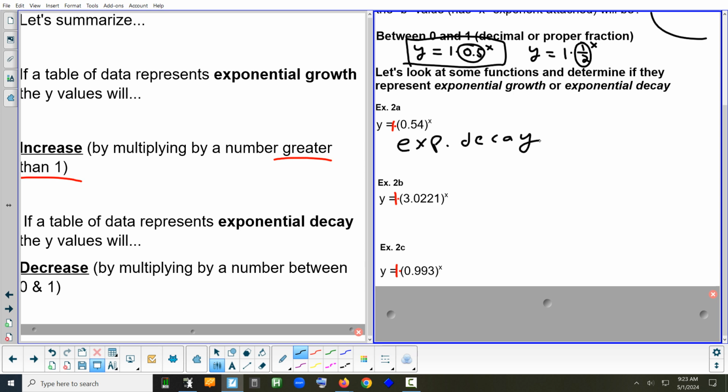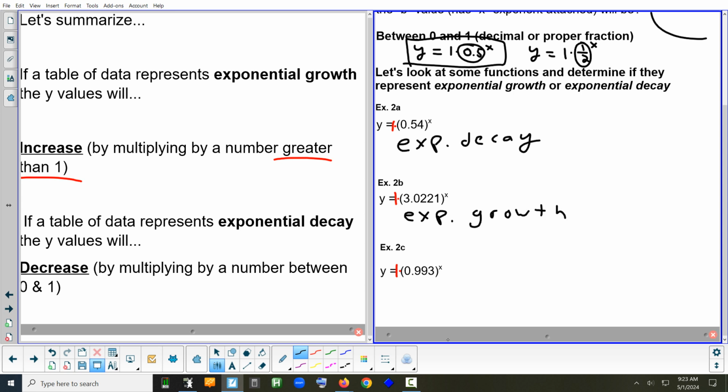All right, example 2B. What's the B value in that one? 3.0221. 3.0221. Okay, is that greater than 1 or between 0 and 1? It's greater. Yeah, that's a B value that's greater than 1. So is this exponential growth or exponential decay? Growth. Yep, so this is exponential growth.